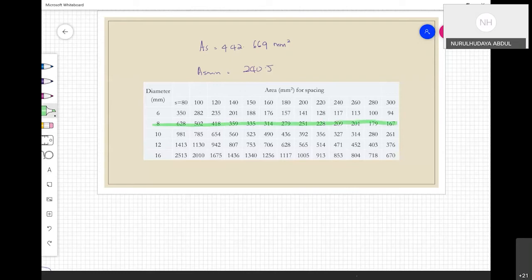Okay, I can select this one lah. 228 tak cukup, 251 I boleh ambil yang this one, boleh juga lah, tak ada masalah. Okay, jadi I ambil this one, 251. So Y8 spacing dia 200.